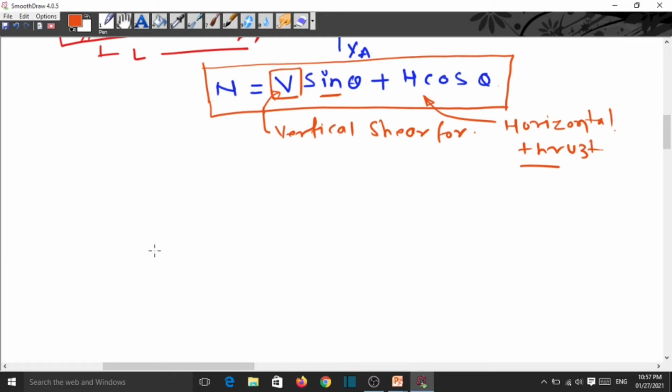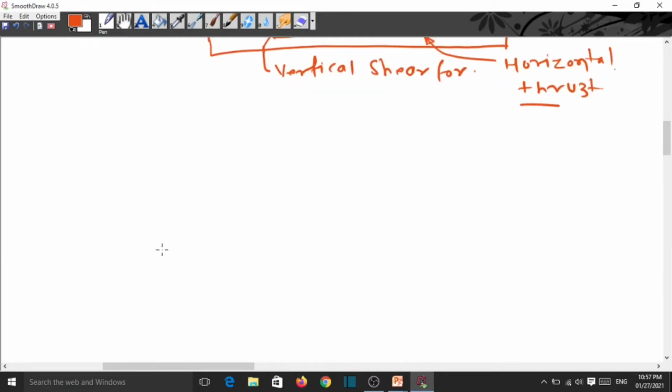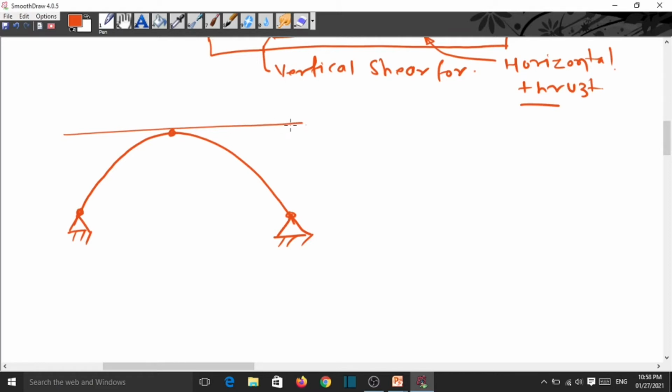So here we know this is our parabolic arch like this. This is a three-hinged parabolic arch. For any type of ILD we have to apply the unit load.